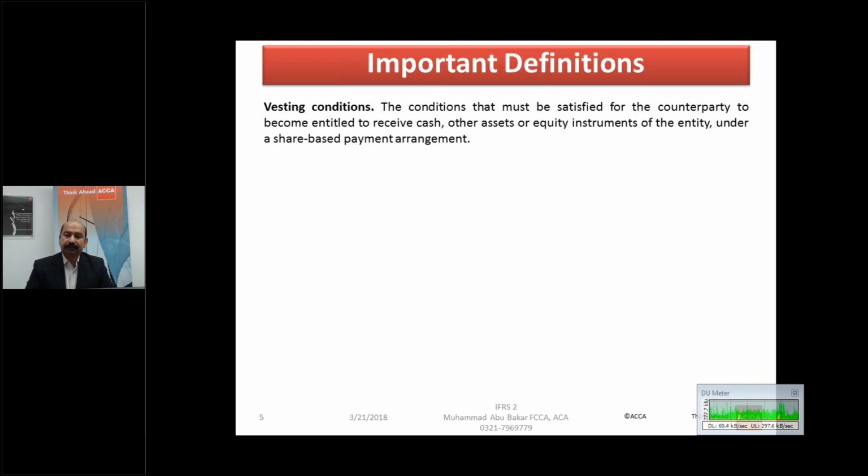The conditions that must be satisfied for the counterparty to become entitled to receive cash, other asset, or equity instrument of the entity under a share-based payment arrangement. Those conditions which must be fulfilled before the other party is entitled to receive cash or other asset or equity instrument under the share-based payment. So these are the vesting conditions.